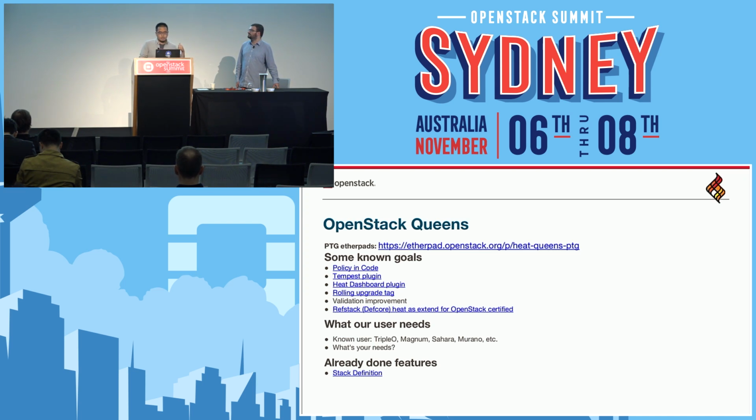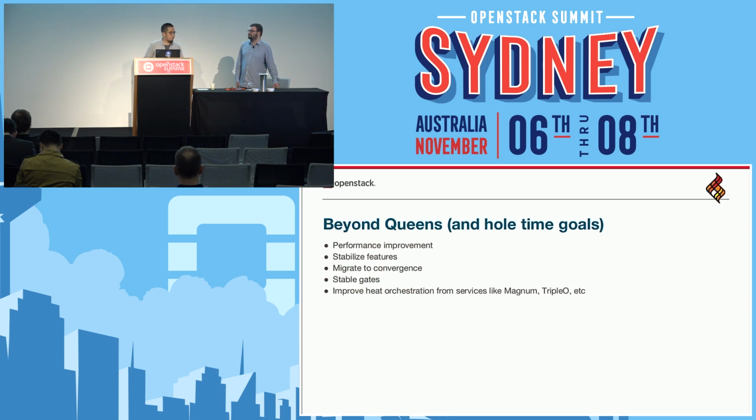So Zane Bitter has done a lot of work on stack definitions, so that you don't get the big object around. You just get the definition of the stack or the definition of the resource.